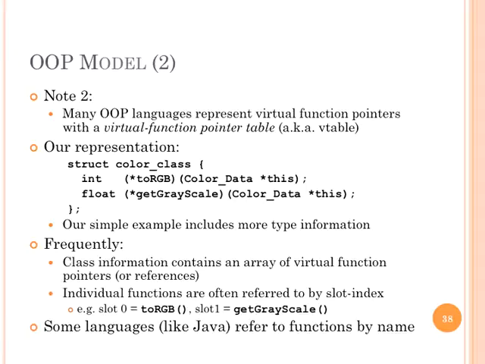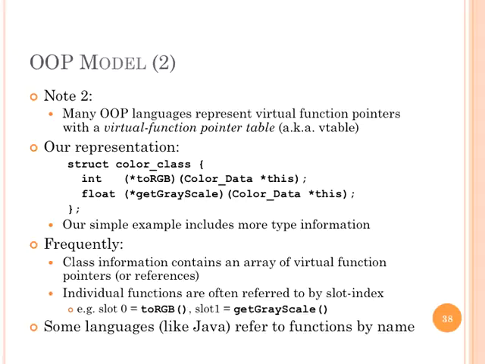Okay. And yeah, Java is an interesting variation in that it actually refers to functions by name. Does anybody know why Java refers to functions by name, as opposed to C++, which refers to them by number? Since we have a little bit of time, I'll talk about this. There's this really interesting thing about binary compatibility in C++.